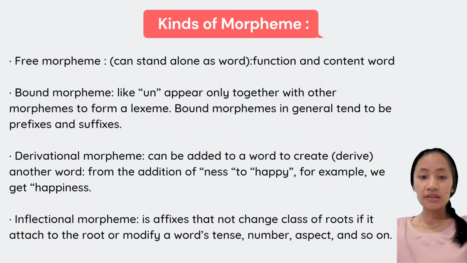The third is derivational morpheme, which can be added to a word to create another word, from the addition of ness to happy, for example, we get happiness. The last is inflectional morpheme. An inflectional morpheme is an affix that does not change the part of speech of the root if it attaches to the root, but modifies a word for tense, number, aspect, and so on.